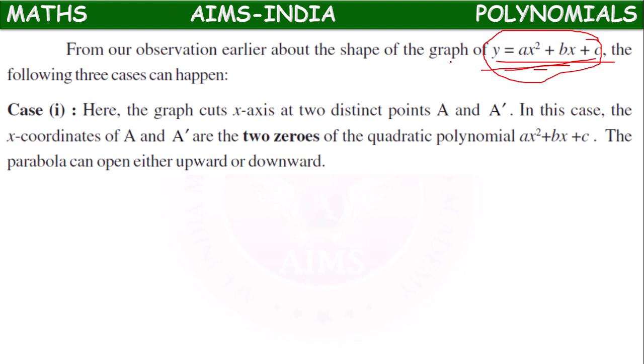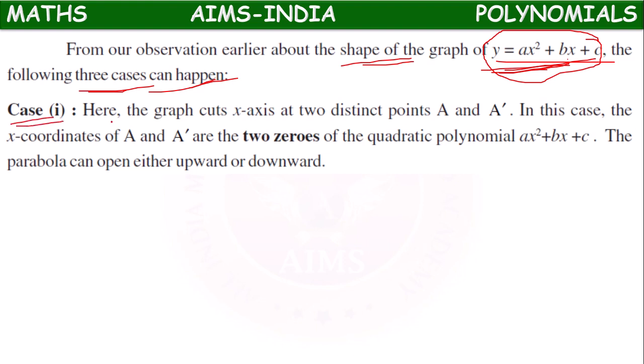So, based upon our previous examples, based upon the shape of the graph y equal to ax square plus bx plus c, there may be three cases possible regarding the zeros of a polynomial.